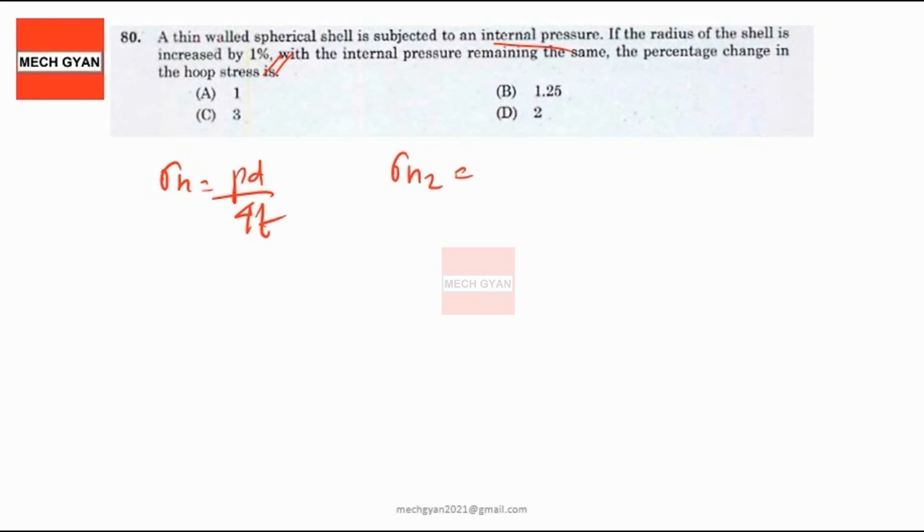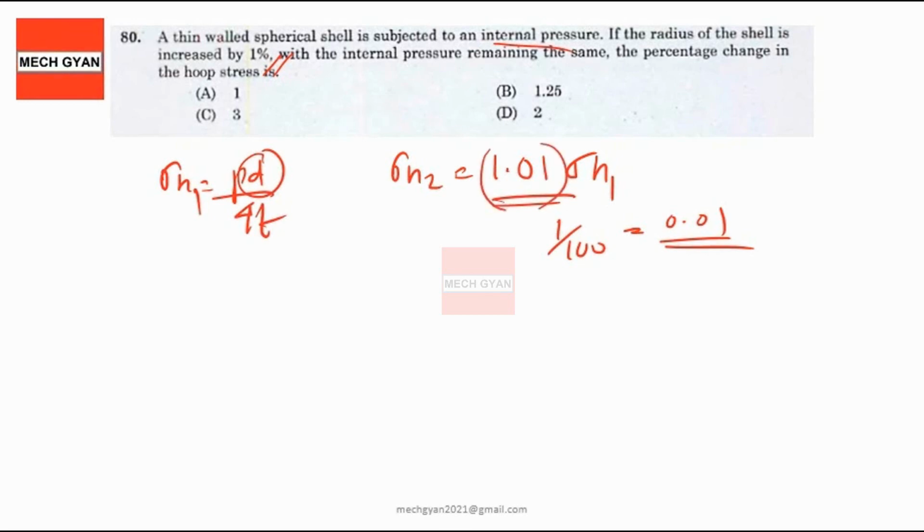The radius, or diameter, is increased by 1%. That is, sigma H2 is 1.01 times sigma H1. Here 1% is 1 by 100, that is equal to 0.01. So sigma H2 is 1.01 times sigma H1.